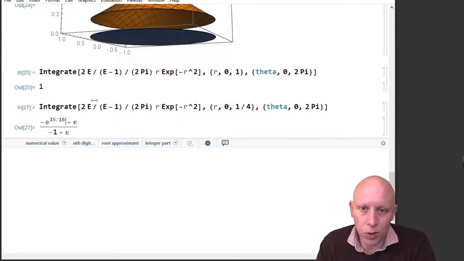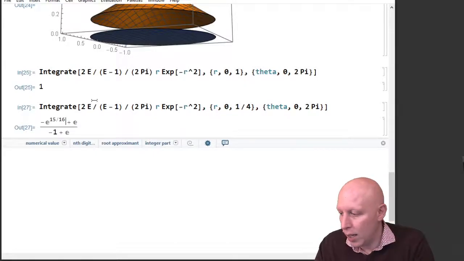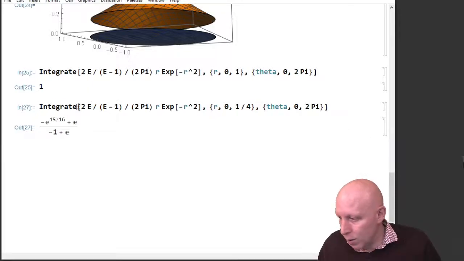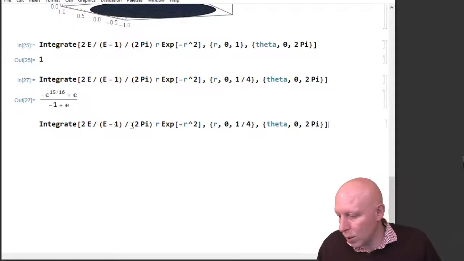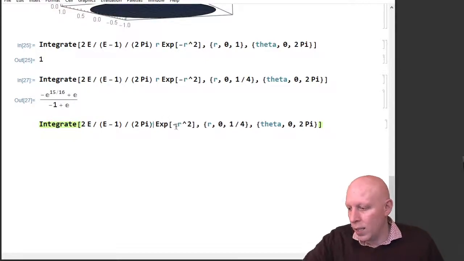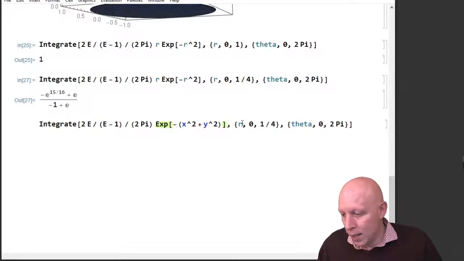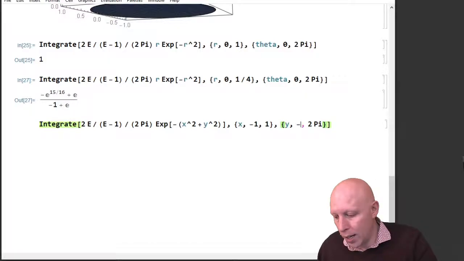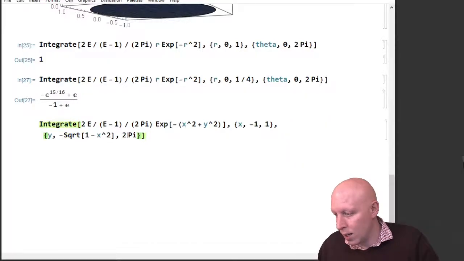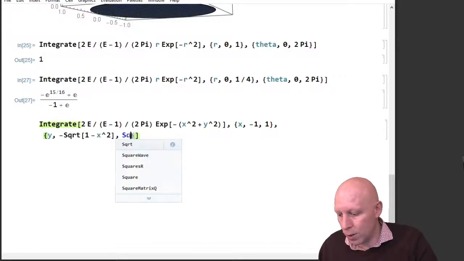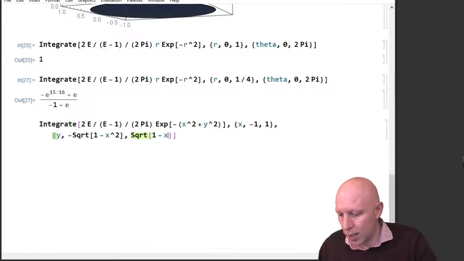So this is an example of using polar coordinates to integrate. Let's see what would happen if we used non-polar coordinates, Cartesian coordinates. Let's see if Mathematica is able to give us that answer. x squared plus y squared. x goes from -1 to 1. y goes from negative square root of 1 minus x squared up to positive square root of 1 minus x squared.